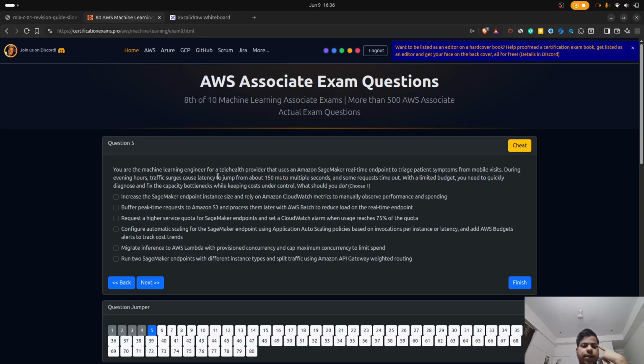You are the machine learning engineer for a telehealth provider that uses an Amazon SageMaker real-time endpoint to triage patient symptoms from mobile visits. During evening hours, traffic surges cause latency to jump from about 150 milliseconds to multiple seconds, and some requests time out. With a limited budget, you need to quickly diagnose and fix the capacity bottleneck while keeping costs under control.